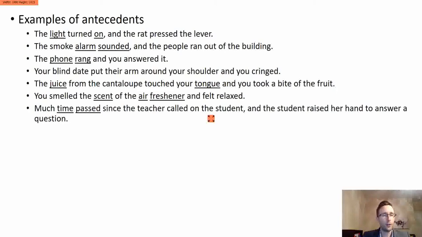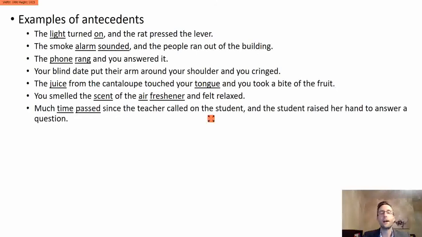Notice that all the other antecedents are things that you can see, so a light, or hear, the alarm sounding or the phone ring, or feel, the blind date putting their arm around your shoulder, taste, the juice in the cantaloupe, smell, the scent of the air freshener.